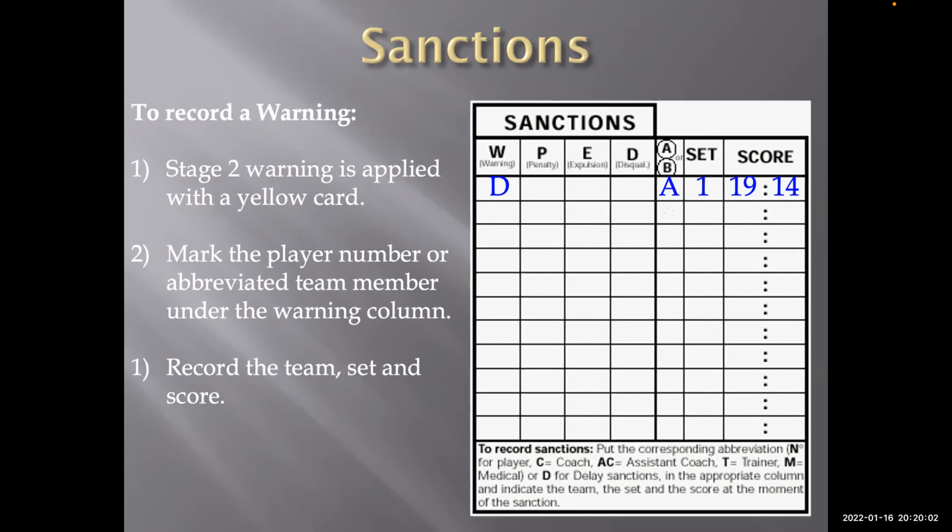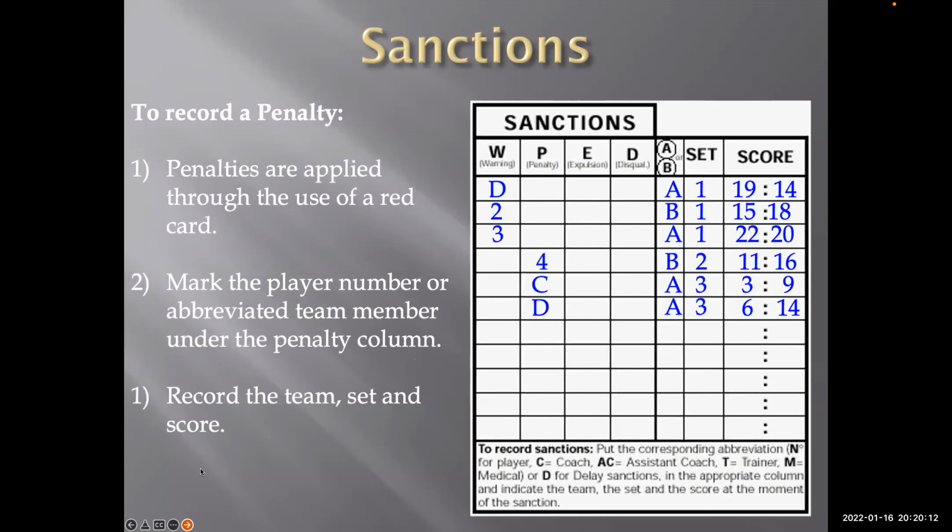In this case, they're writing down warnings. So if it's not a delay, it's an actual sanction. Number 2 in this case got a warning. That is a yellow card. It gets written down like this: 2, team B, set, points.